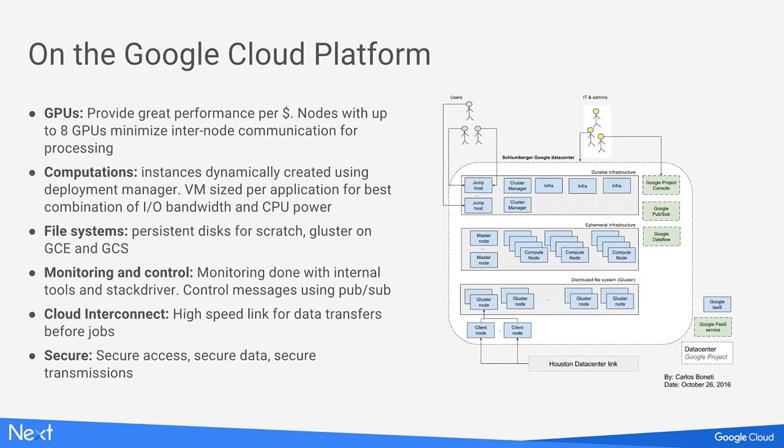Some of those opportunities were the ability to dynamically create instances and dynamically adapt the VM's characteristics to match the performance requirements of the jobs. And the needs for monitoring and control were an opportunity disguised as a challenge.